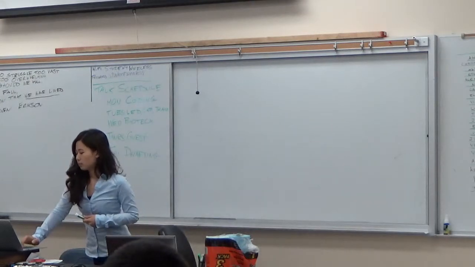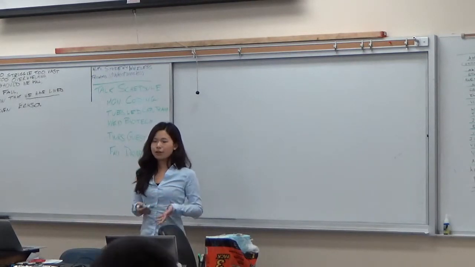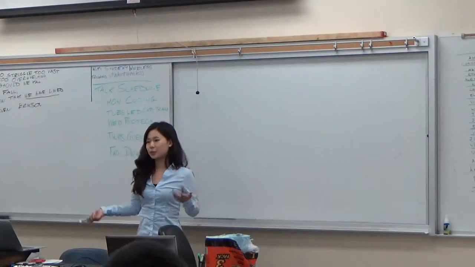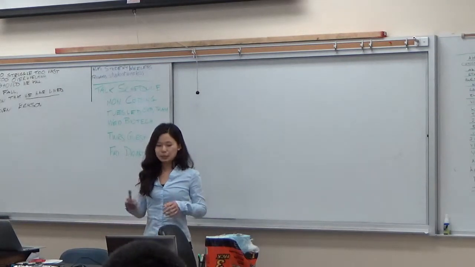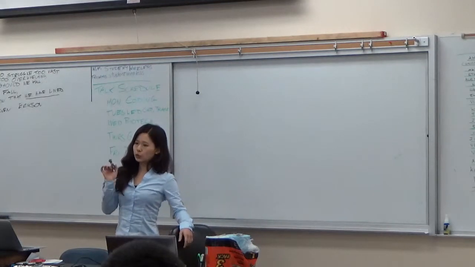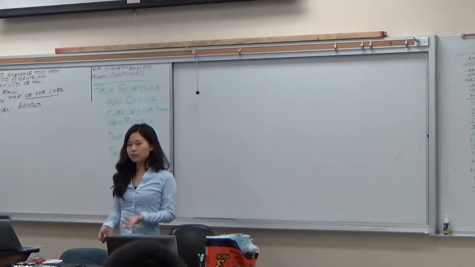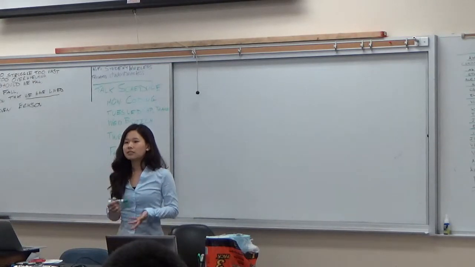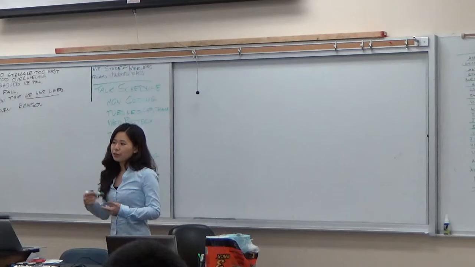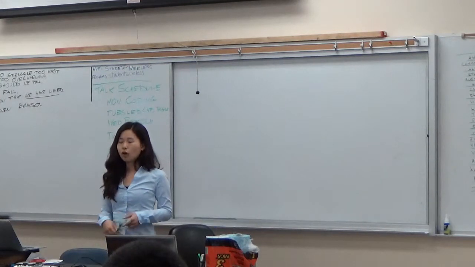But since your computers are not so smart like humans, they're not people, if you're writing this to-do list, you have to describe each instruction in a very specific, logical, and detailed way. So for example, if I write this to-do list, let's say, offer me a glass of water.